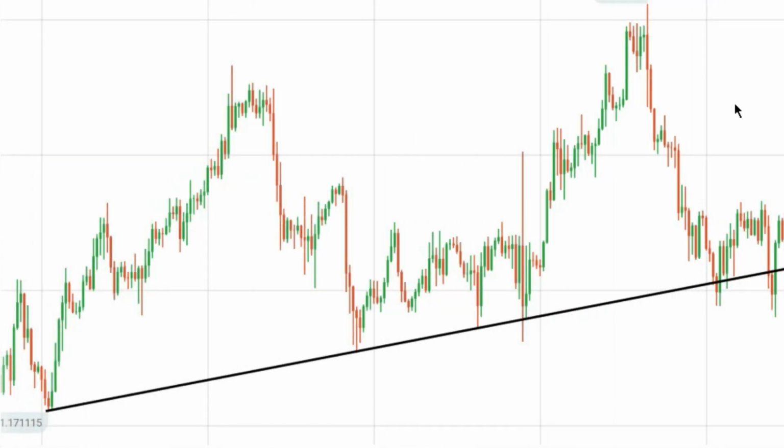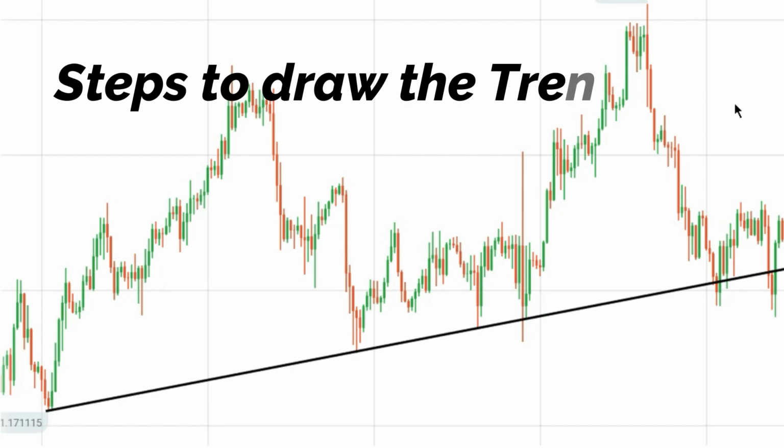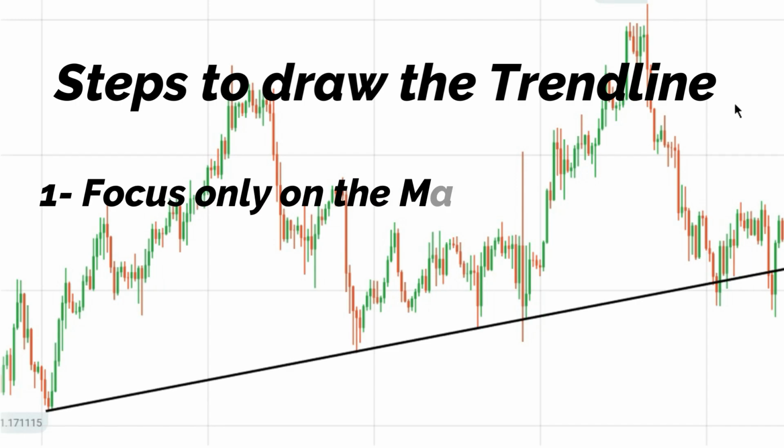So this is the first example about the trend line setup, but before explaining it, I want you to recall all the information that I have shared in this video. So the rules are as follows. The number 1 rule is to draw your trend line based on the major swing points. So you have to focus on the major swing points only and avoid everything else. They are like the levels that are very obvious in your chart.